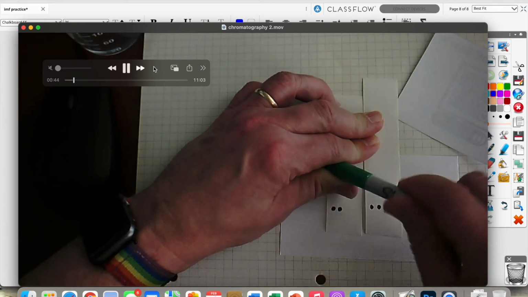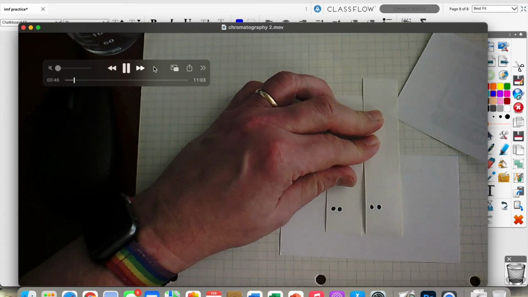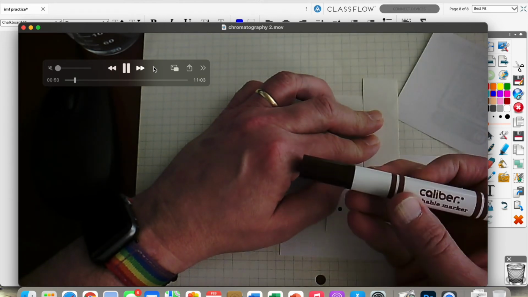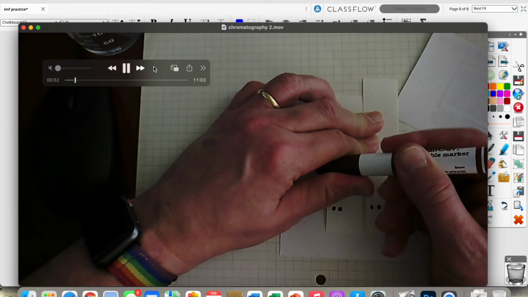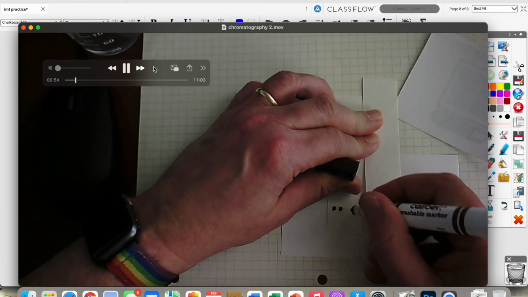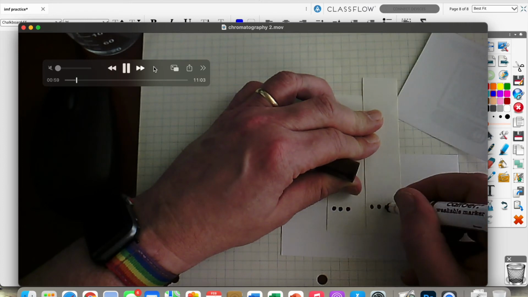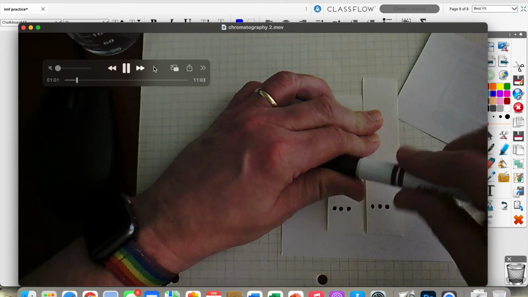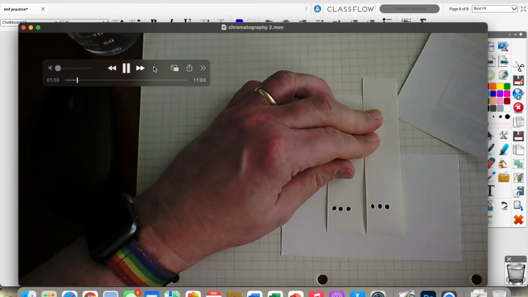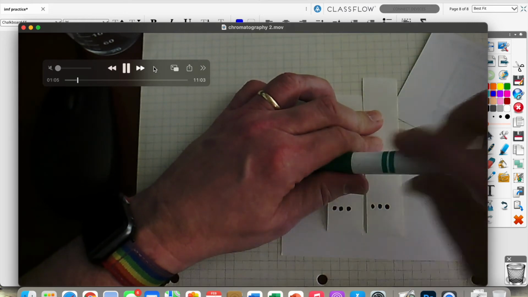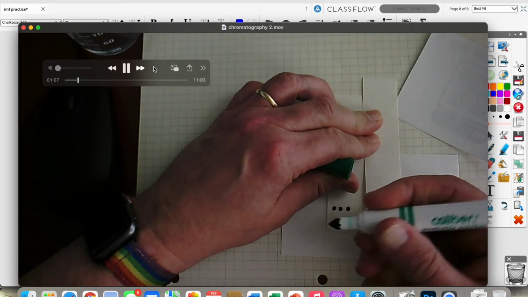But then we took water-based markers, or washable markers, of the same color. So I have a brown here and a green coming up, and we made a brown and a green dot of that.